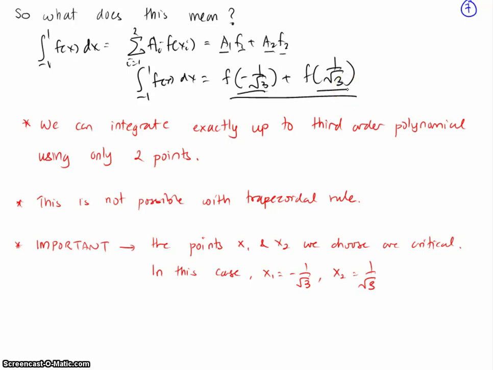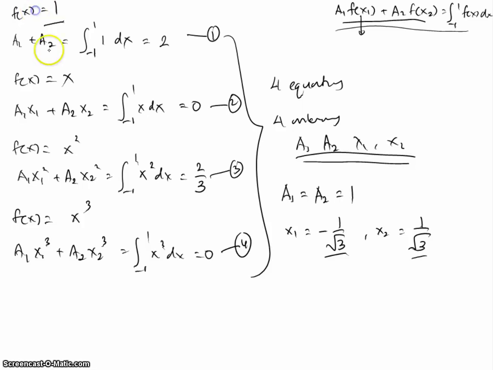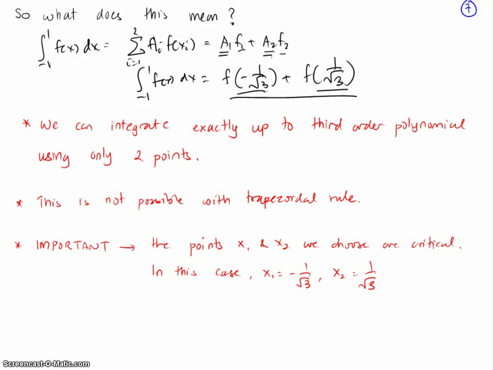Because when we obtain the values for a1, a2, x1, and x2, we obtain them for polynomials up to third order. So this statement tells us that we can evaluate an integral using Gauss quadrature up to third order polynomial exactly. When I say exactly, it means that the truncation error is exactly equal to 0. We cannot do that if we use trapezoidal rule, because the error for trapezoidal rule is not equal to 0.